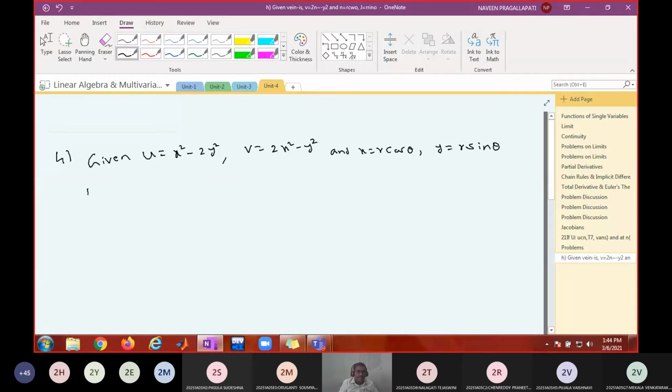Find dou of u comma v by dou of r comma theta.